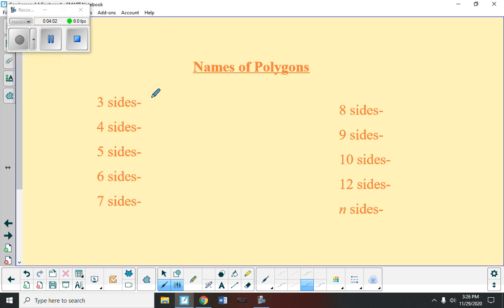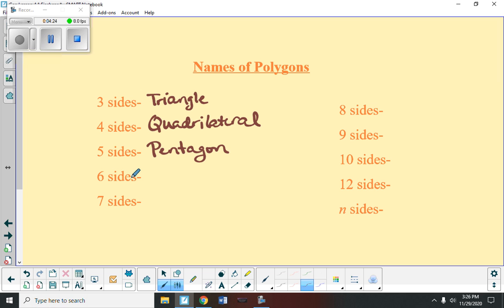If you have 3 sides, that's a triangle. 4 sides, like I said earlier, is a quadrilateral. 5 sides is a pentagon. 6 sides is a hexagon. The X helps me remember what that one is because there's an X in 6.